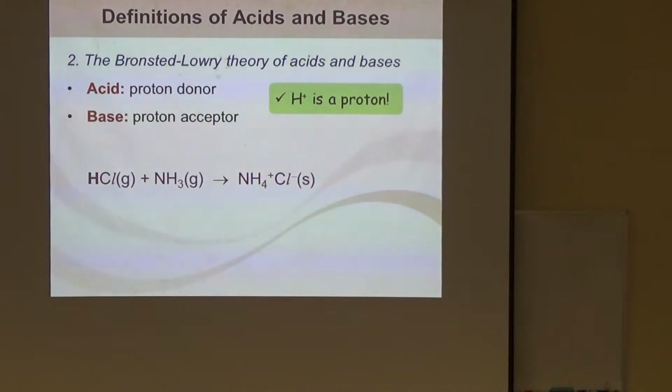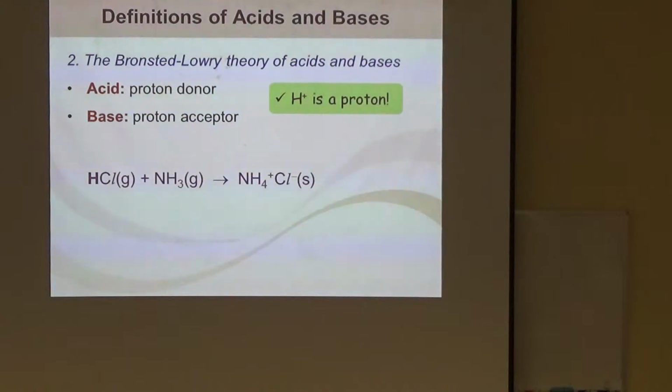So for example, HCl plus ammonia, we can give you ammonium chloride. Note that because they define in this way, you don't have to have water present. Okay, it can take place in any sort of solution. Okay, if you look at it, as long as you see this transfer of the H plus, you can say that it's an acid, or you can accept H plus is a base.